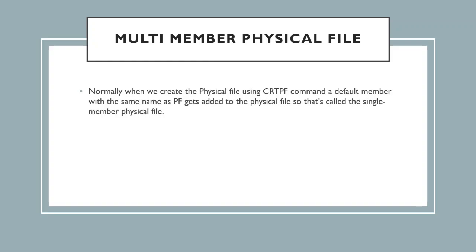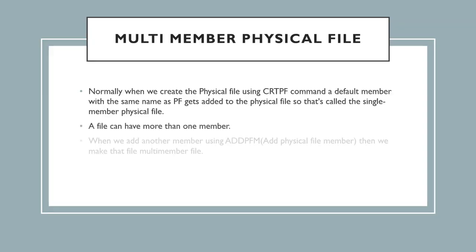Normally, when we create a physical file we use CRTPF, and by default one member is there. The file can also have more than one member.